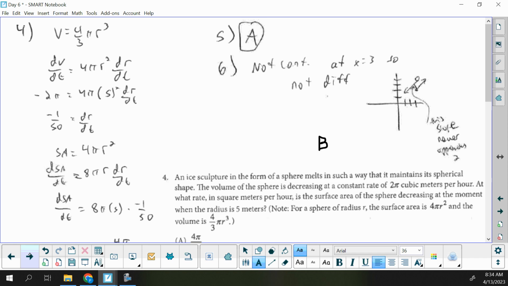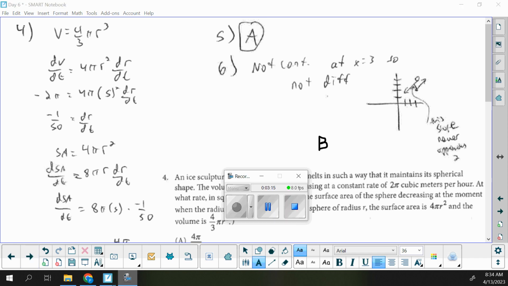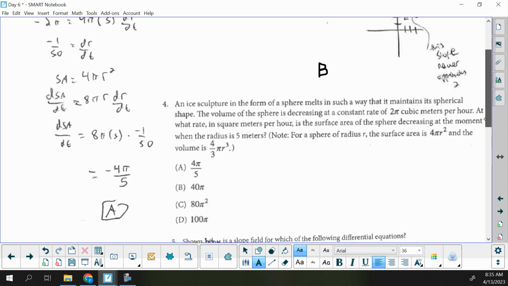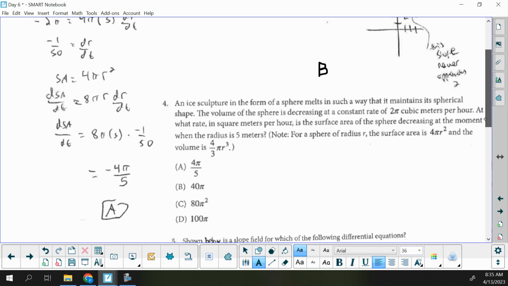But we wanted to find the rate of the surface area. So do your surface area formula, 4 pi r squared. Take the derivative with respect to time again, so 8 pi r dr/dt. We know dr/dt from the first half of the question. Fill in the 5 for the radius, and you eventually get your rate of change for the surface area is -4 pi over 5.